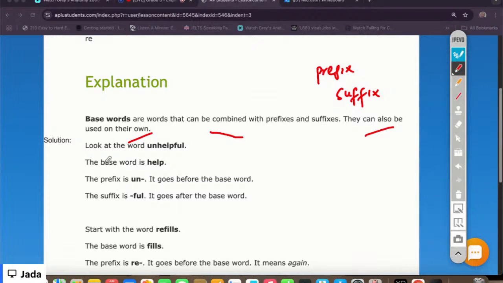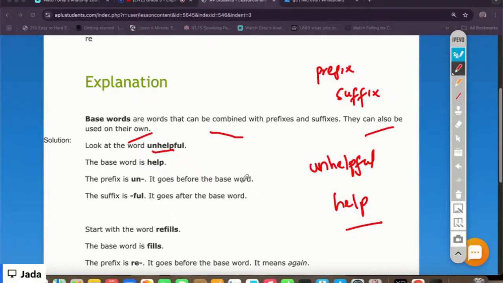So, for example, look at the word unhelpful. Unhelpful has both the prefix and the suffix. And it also has the base word. So now the base word here would be what? Help. And as you can see, help on its own is a word and it could stand on its own. It doesn't even need help whatsoever.